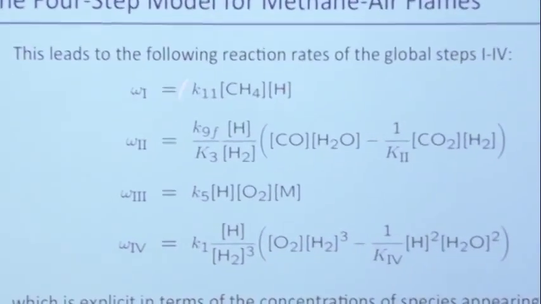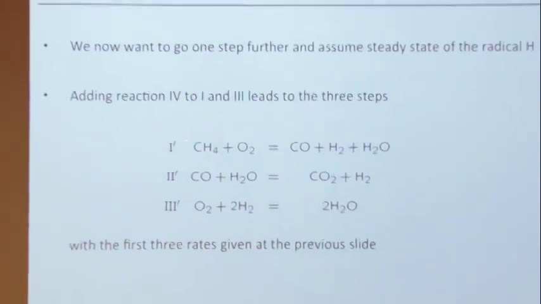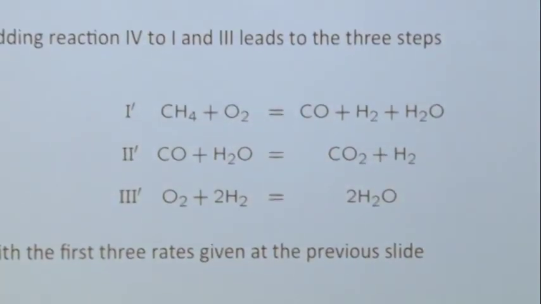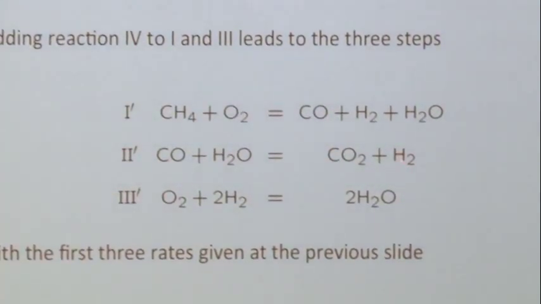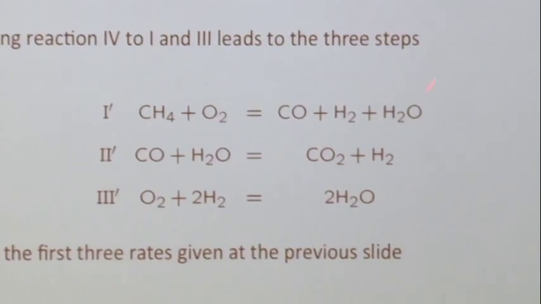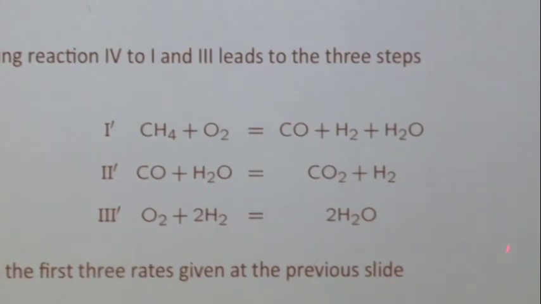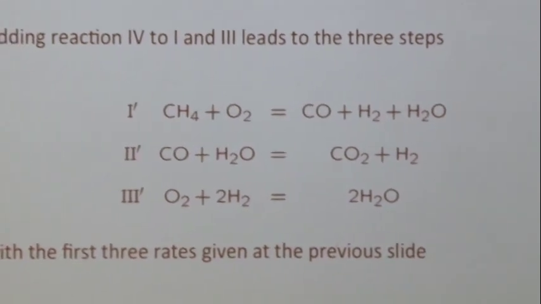Here we have an equation for H with all these reaction rates, and it doesn't tell us very much. So if we want to reduce this further, we assume that the H radical is in steady state, and we add reaction 4 to reaction 1 and reaction 3 of the earlier mechanism, and then this is what we get. And the rates of these stay the same.